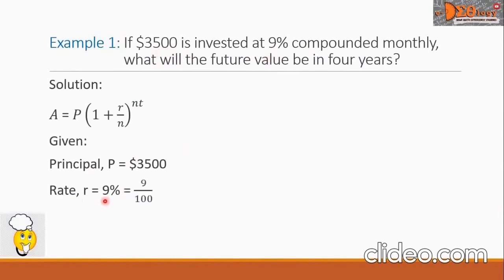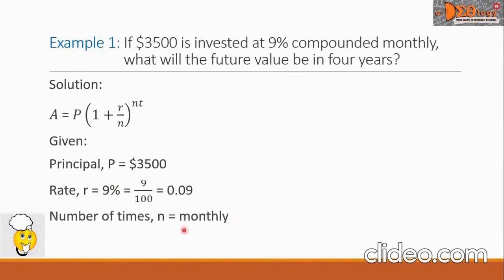First, we will put this number 9 over 100. We drop the percent sign, of course. And then the quotient 9 over 100 is 0.09. Then, the number of times the interest is compounded, it's written here, monthly.